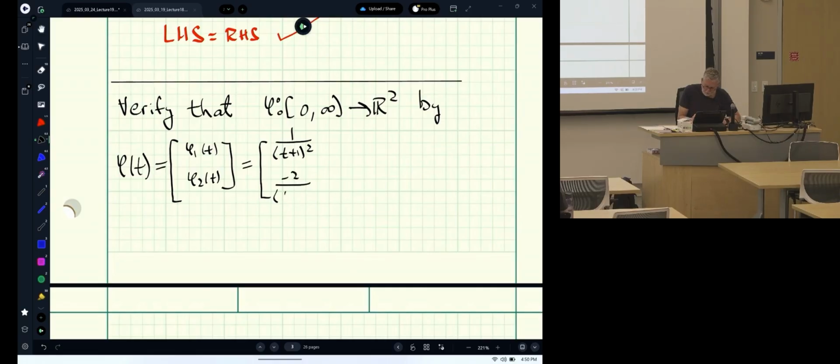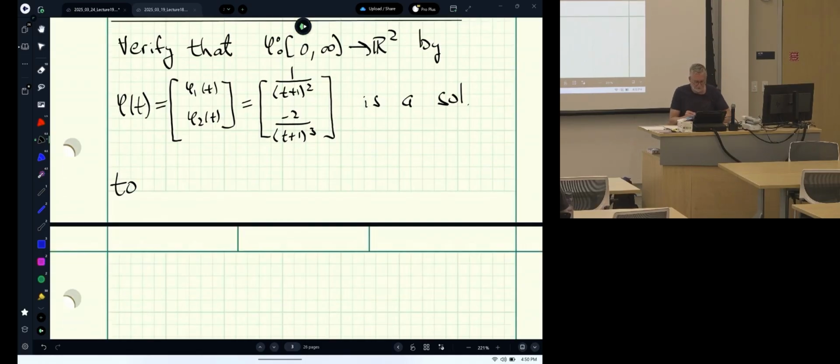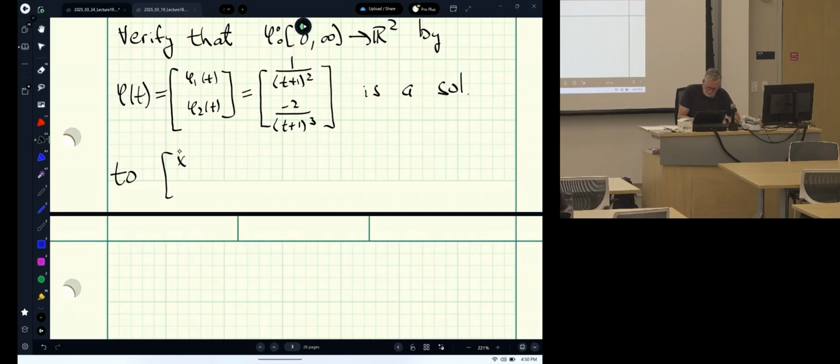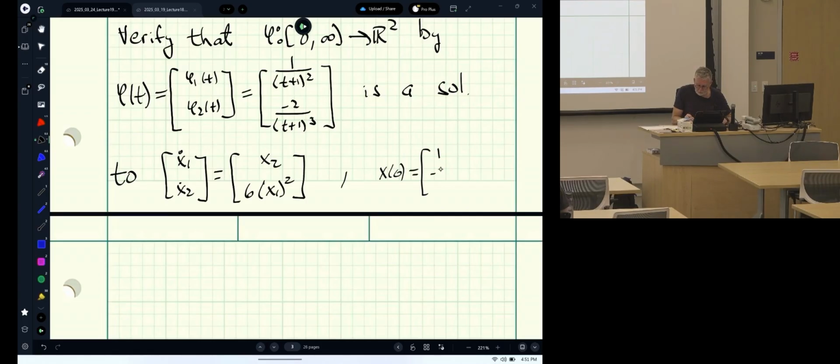One over (t plus 1) squared and minus 2 over (t plus 1) cubed is a solution to x dot 1, x dot 2 equals x2, 6 times x1 squared, with x at 0 equal to 1 and minus 2.